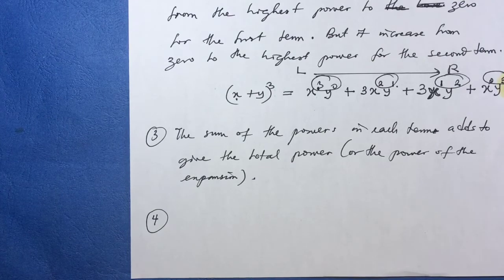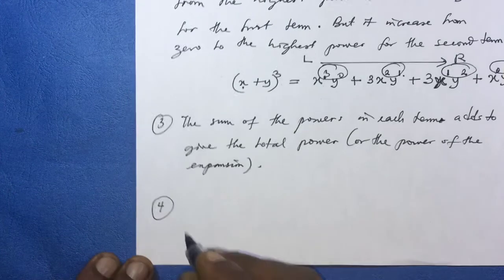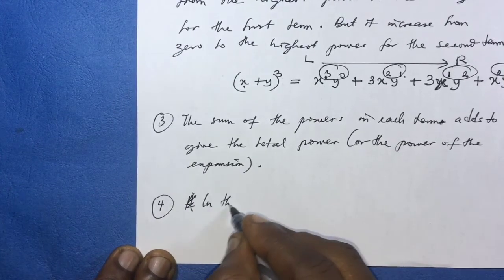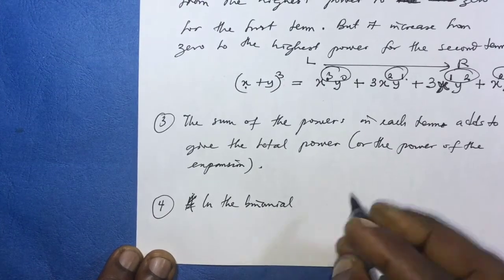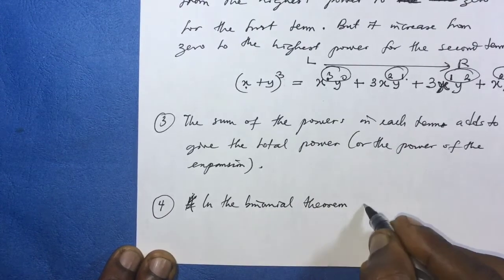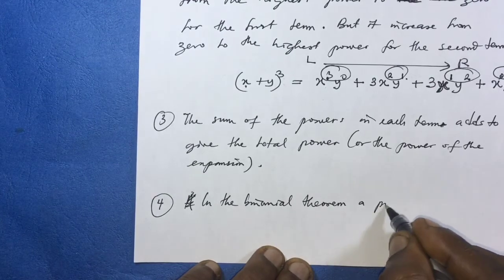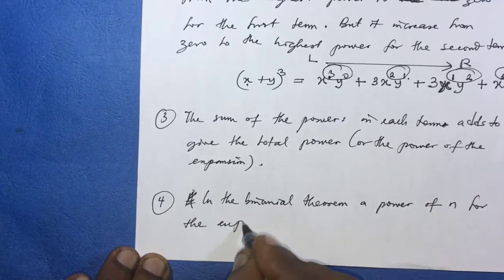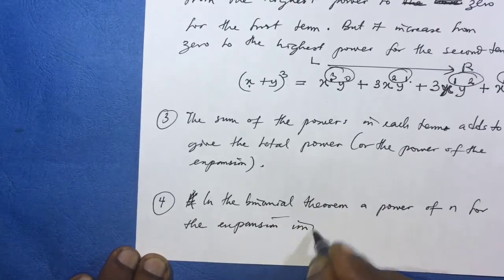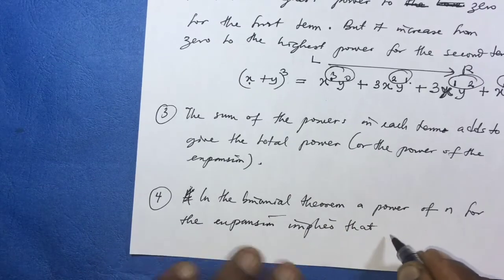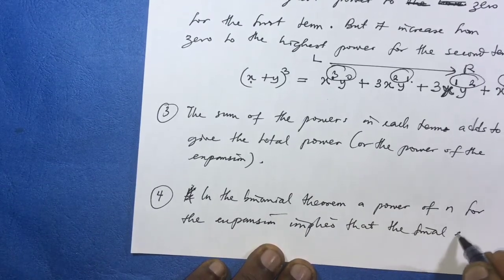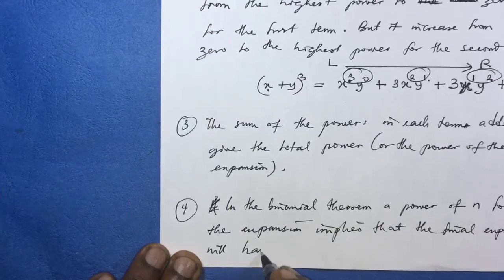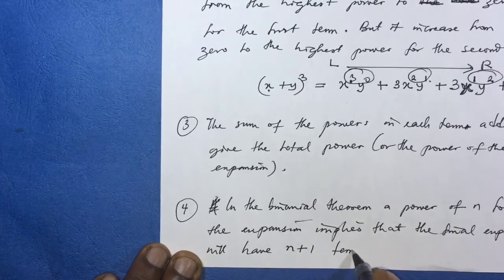Then finally, number 4, take note of something about the binomial expansion. Using the binomial theorem, a power of n for the expansion implies that the final expansion will have n plus 1 terms.